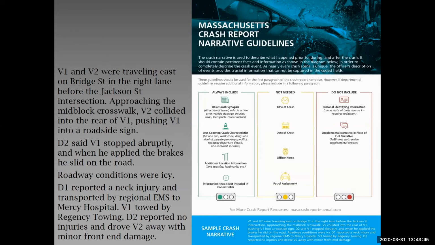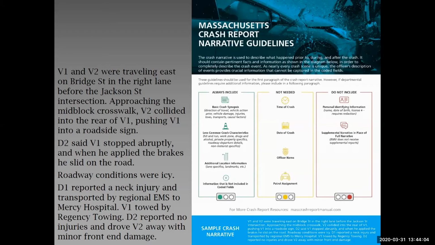I can't stress enough that it's really important not to include the personal identifying information. And in addition, to note that any supplemental narrative that is submitted with a crash report instead of the narrative on the crash report form is not received by the Registry of Motor Vehicles.